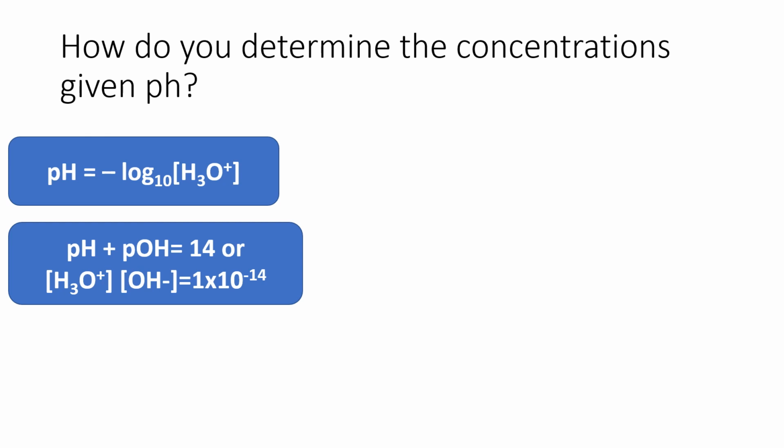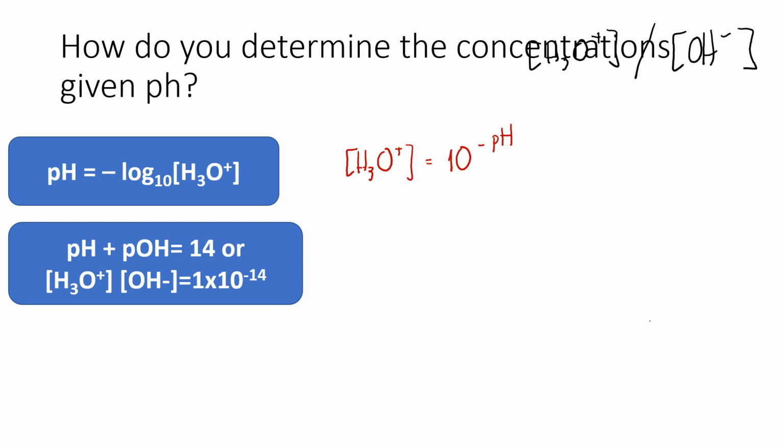So what if you are not given concentrations, but rather you are given the pH itself, and you are asked to compute for the concentration of hydronium ion or the hydroxide ion? Remember the trend that we had in the previous slide, that pH is simply the exponent of the hydronium ion concentration. We could start with this trend.